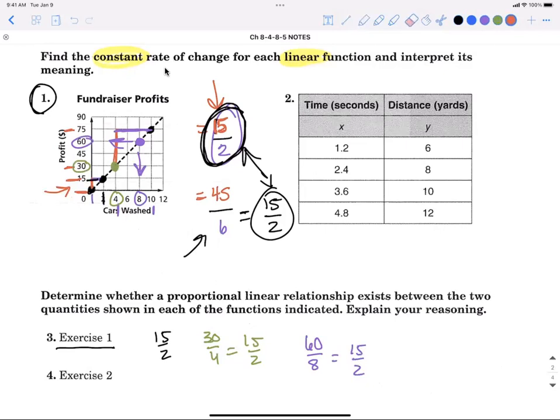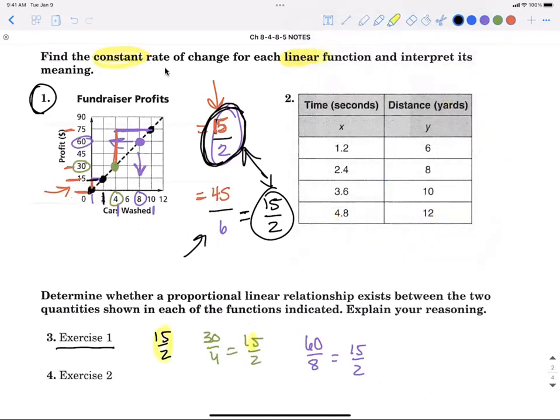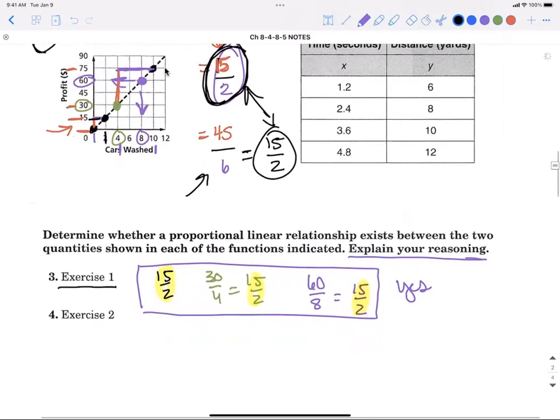My proportion is always 15/2. So that means the answer for number 3 is yes, it's proportional. Now, where it says explain your reasoning, if you show me all of this, that's all I need. You don't have to write it out in words. As long as you show me your work of why you answered yes, then we're good.